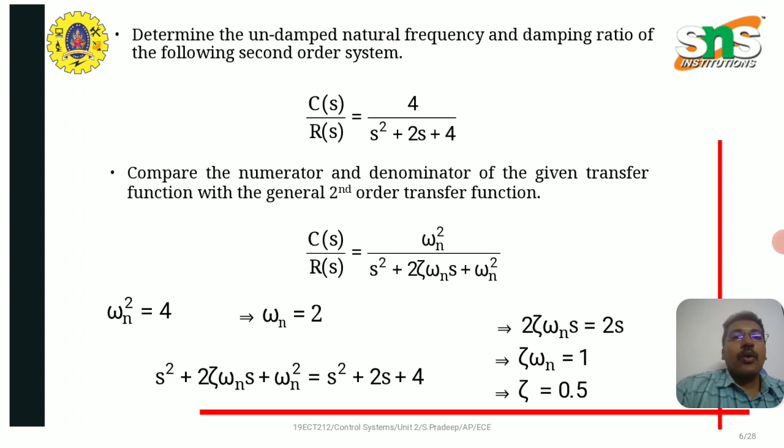In this, omega n square equals 4, where omega n equals 2. s square plus 2 tau omega n s plus omega n square equals s square plus 2s plus 4. In this, 2 tau omega n s equals 2s, tau omega n equals 1, and tau equals 0.5.